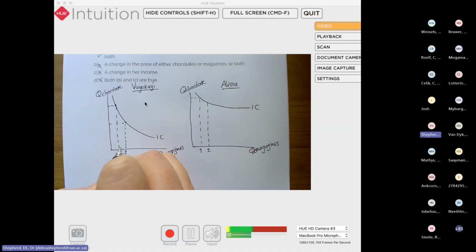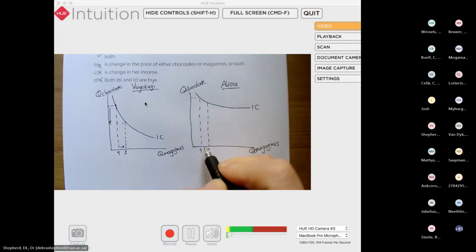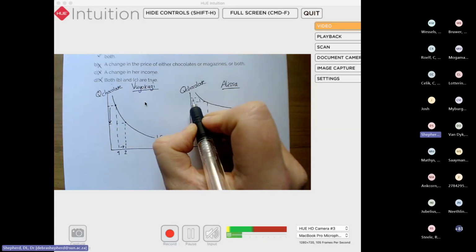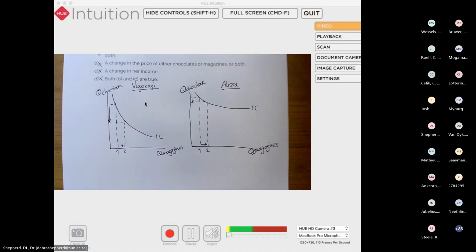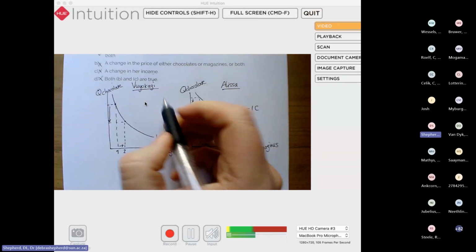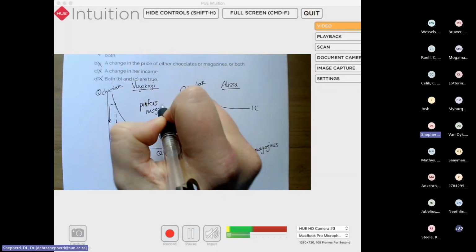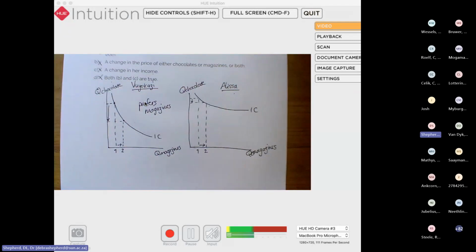For Vuyokazi to get 1 extra magazine, she's willing to give up this much chocolate. For Alyssa to get 1 more magazine, how much chocolate is she willing to give up? Only that much. So what we can see based on the marginal rates of substitution is that Vuyokazi prefers magazines. She likes magazines more than does Alyssa because her willingness to give up chocolate for 1 extra magazine is larger than Alyssa's.